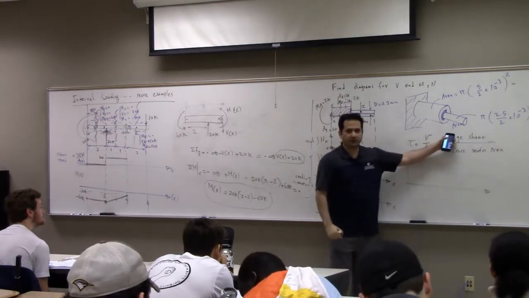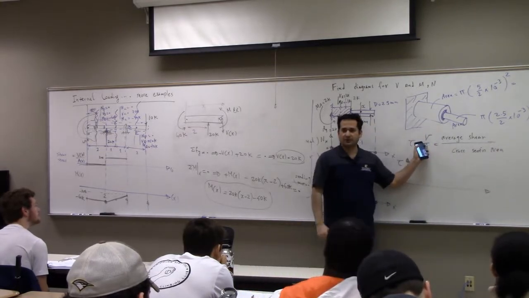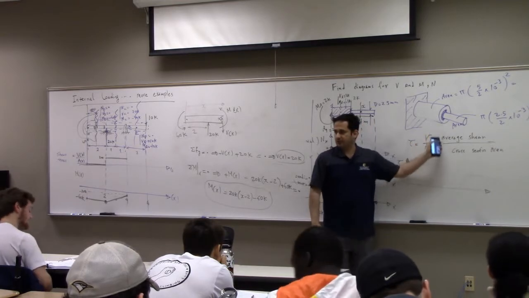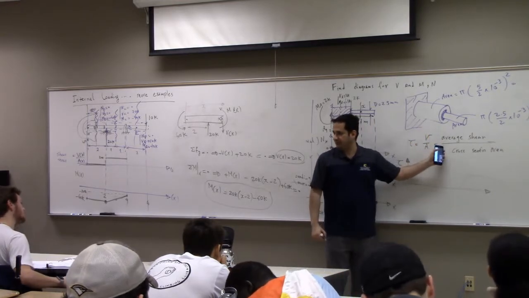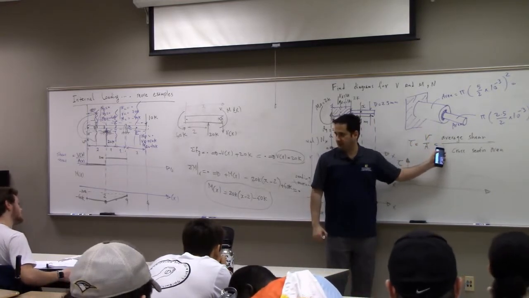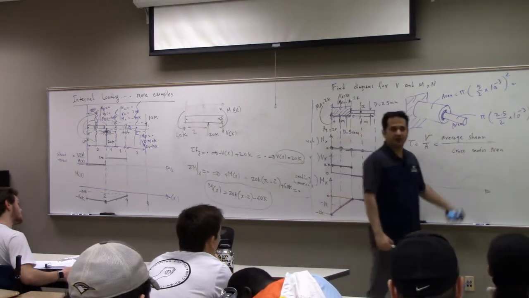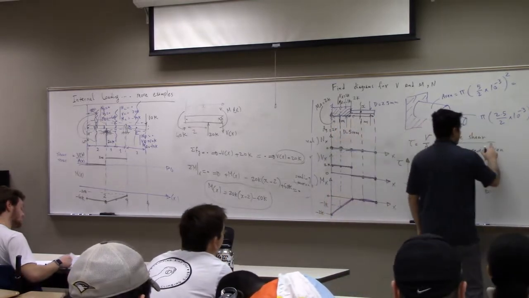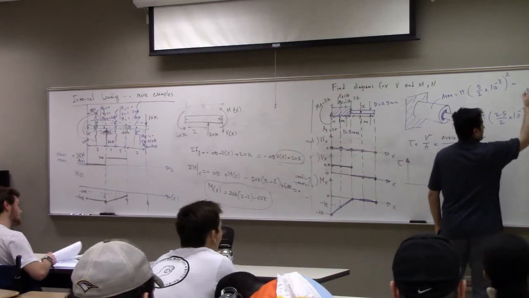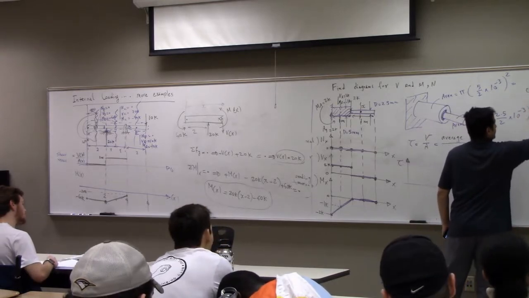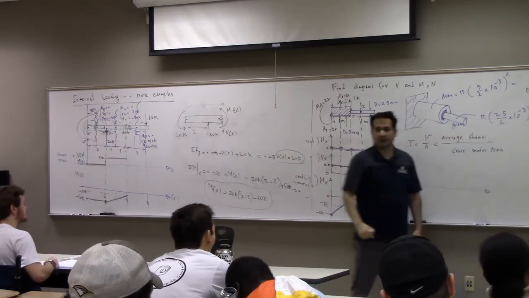Don't forget, if this is Newton, this is meter squared. Newton divided by meter squared is Pascal. You saw it last class. So it has the same dimension as we have for sigma. Sigma was normal force divided by average cross-section area.